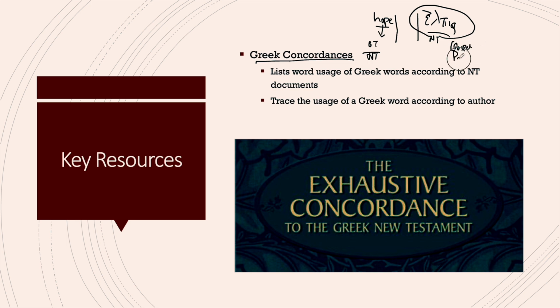How does Paul use Elpis? How do John's epistles? So you can isolate the word Elpis, how it's used by the different authors, and that, again, is helpful to do synchronic analysis of a Greek word.